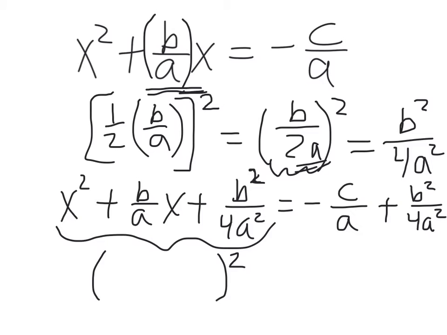But with this, it's going to be the x plus whatever this expression is before we square it. So this x squared plus b over a times x plus b squared over 4a squared factors into x plus b over 2a quantity squared.